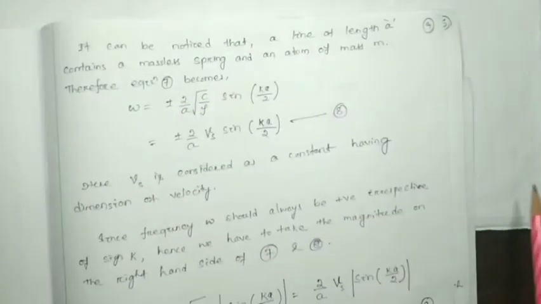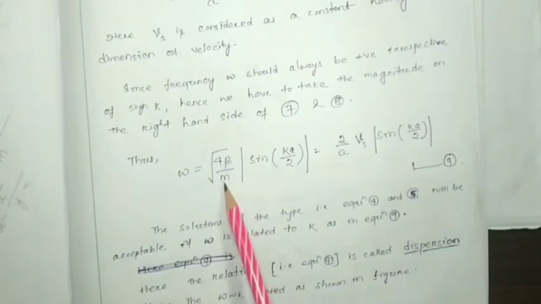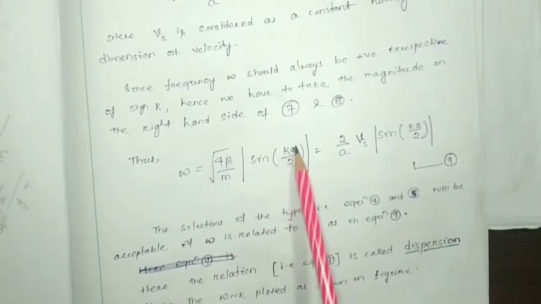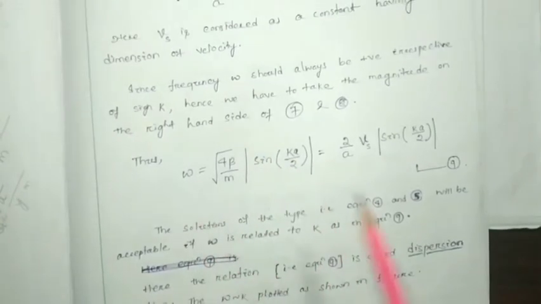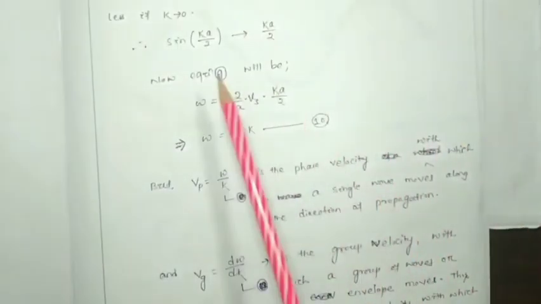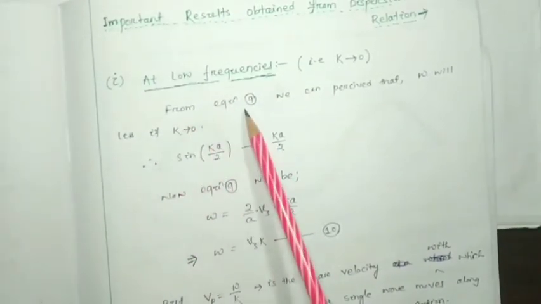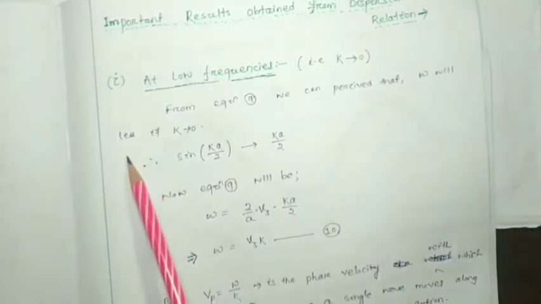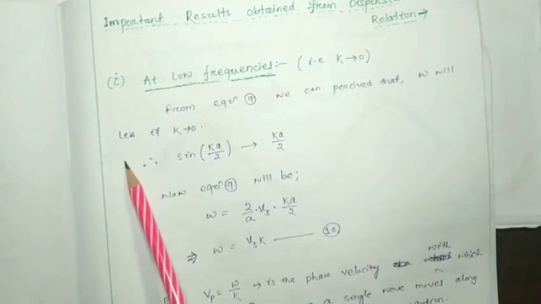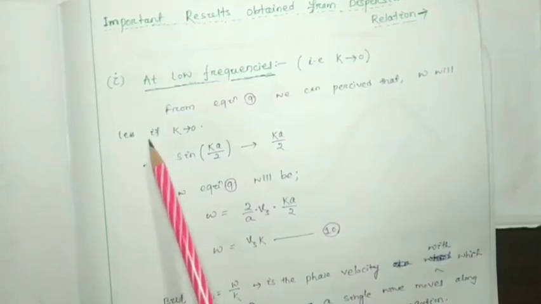Here omega is nothing but 4 beta by m root over sine k a by 2. So if k tends to 0, then this value tends to 0 and k is going to be minimum.